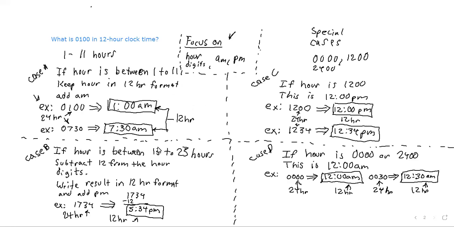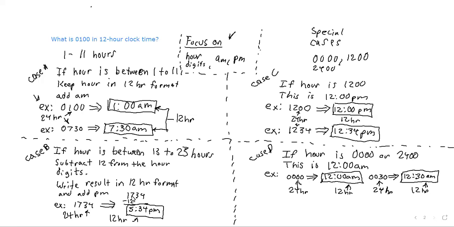If the hours are between 13 and 23, we do something different. We subtract 12 from the hour digits, write the result in 12-hour format, and add PM this time. Let's see an example. Here we have 1734 hours.